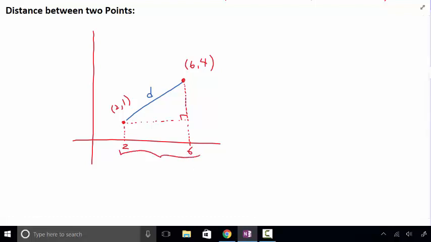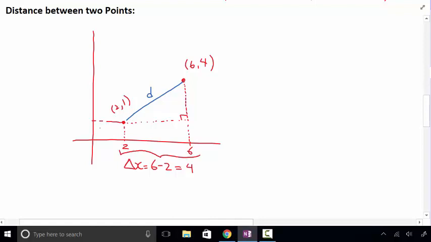How did you calculate that? 6 minus 2. So 6 minus 2 is actually 4. And so how did you find that value? Delta x. That is your delta x. So delta x here is the distance between 2 and 6.